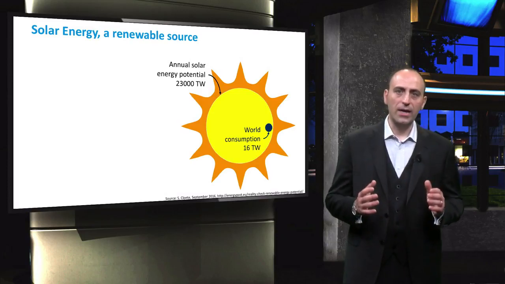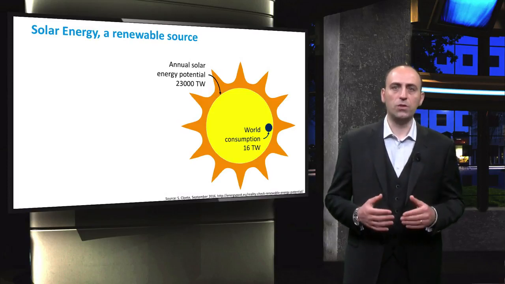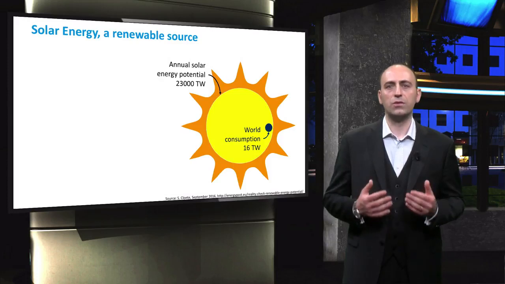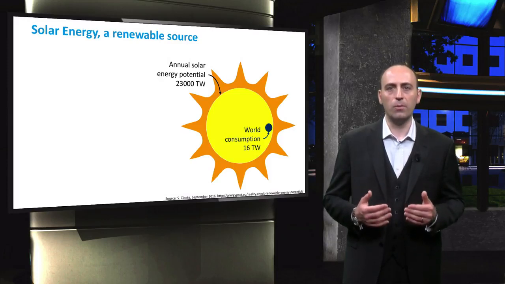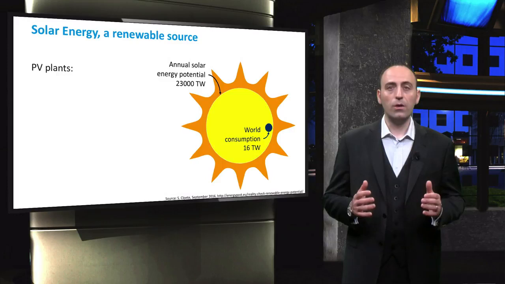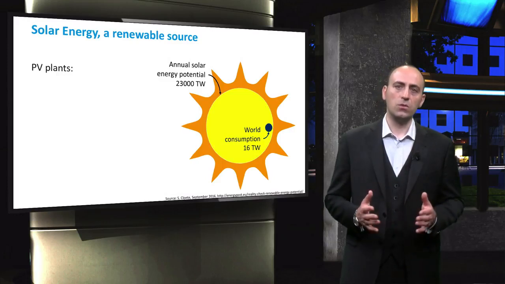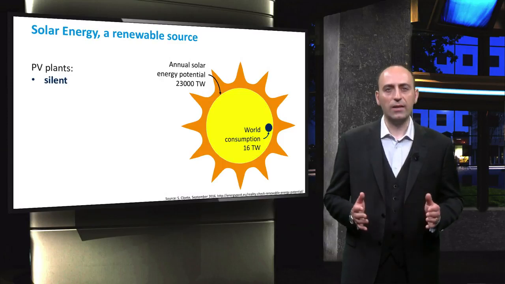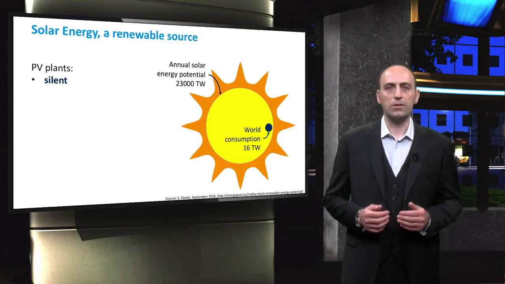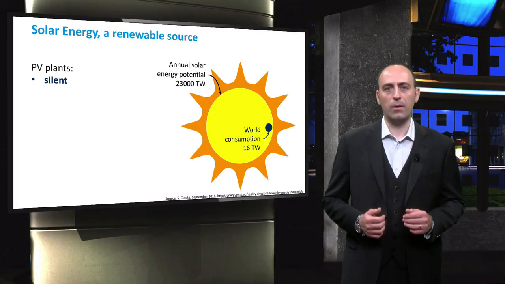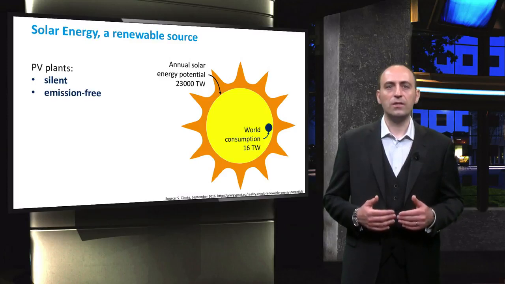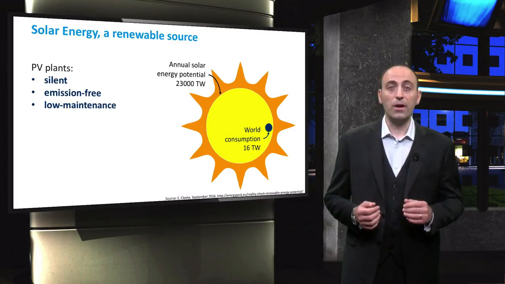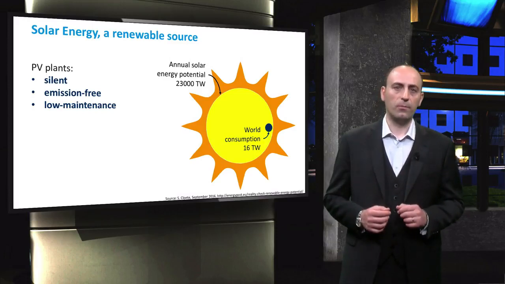The sun provides a huge amount of energy, which is more than sufficient to satisfy the actual global human consumption. Moreover, there are big advantages in using PV systems. First, the PV systems are silent since there are no moving parts in contrast to other power plants. Solar energy is emission-free and requires low maintenance, especially compared to a classical coal-fired plant.